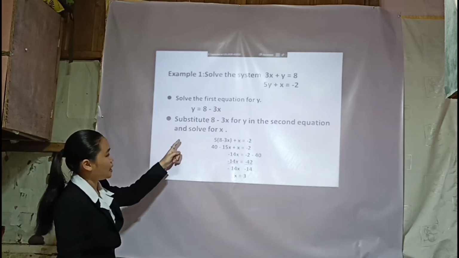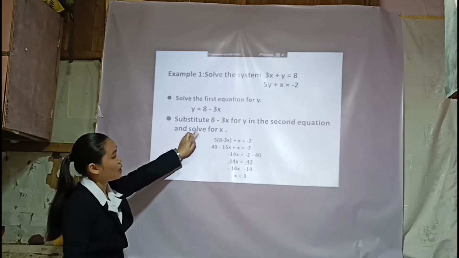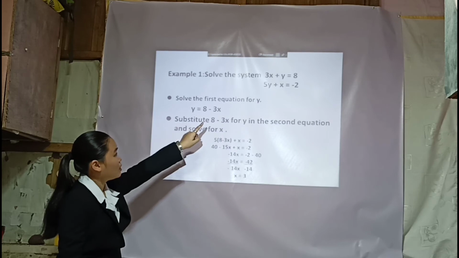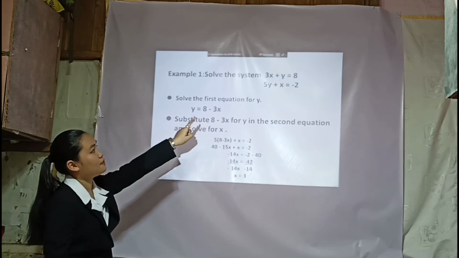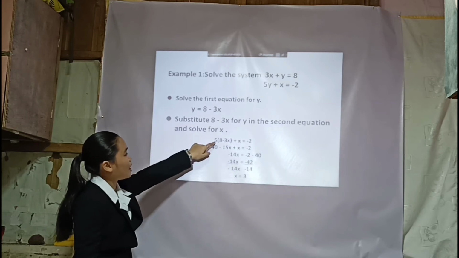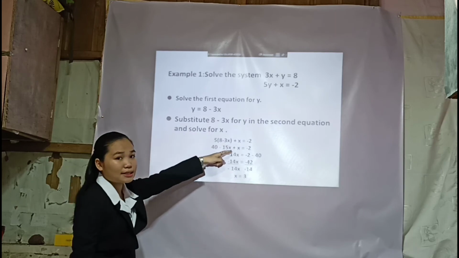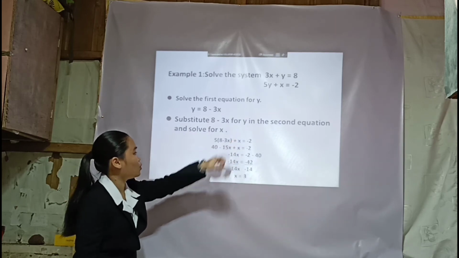Since the value of y is 8 minus 3x, we have to substitute it into the second equation. The second equation is 5y plus x equals negative 2. So, 5 times 8 minus 3x, which is the value of y, plus x equals negative 2.